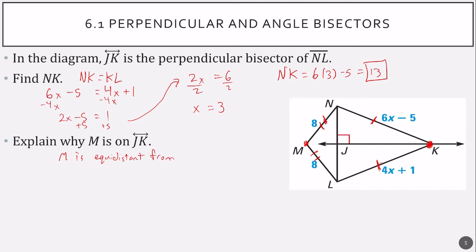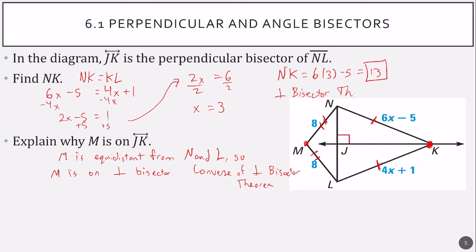So M is equidistant from N and L, so M is on the perpendicular bisector. That is the converse of the perpendicular bisector theorem. And if you're curious, the first problem was just the perpendicular bisector theorem.